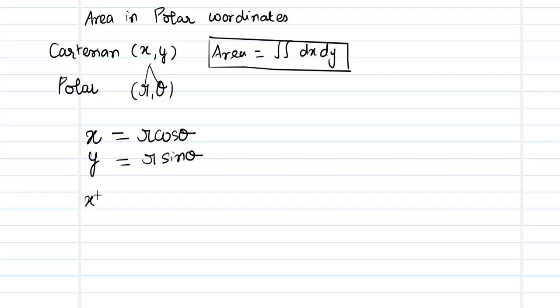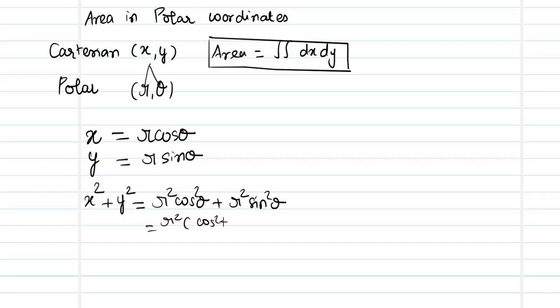So when we have x square plus y square, this will be r square cos square theta plus r square sin square theta. Hence, if we take r square common, it is cos square theta plus sin square theta. We know that cos square plus sin square is equal to 1.